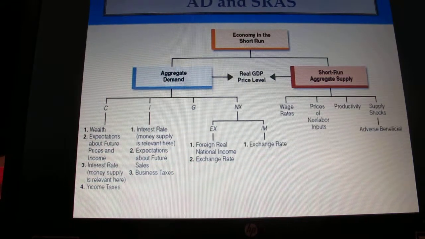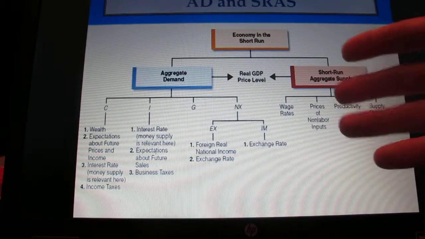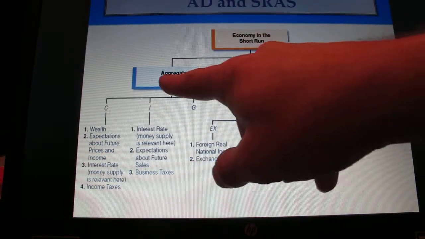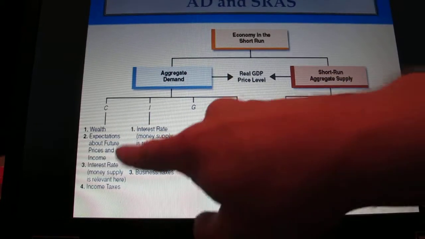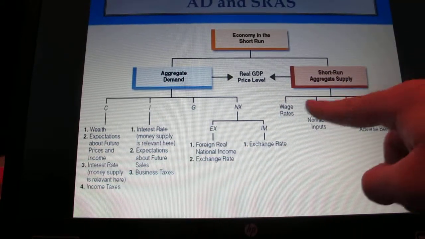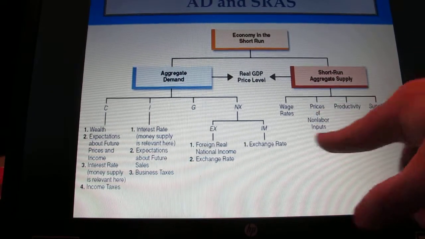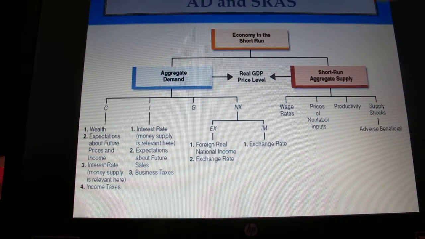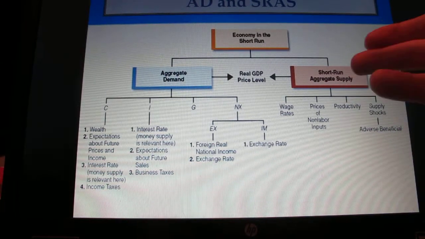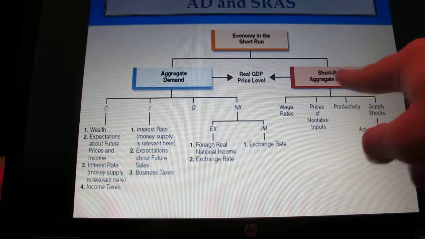So this is a really good tool to look at prior to the quiz for this chapter. It's really discussing what's changing aggregate demand. Here's our equation. Here's some of the things that could change individual aspects of it. And over here we have what could change the short run aggregate supply. Certain things would change that. Something like technology: if technology increased, short-run aggregate supply would increase. That sort of thing.